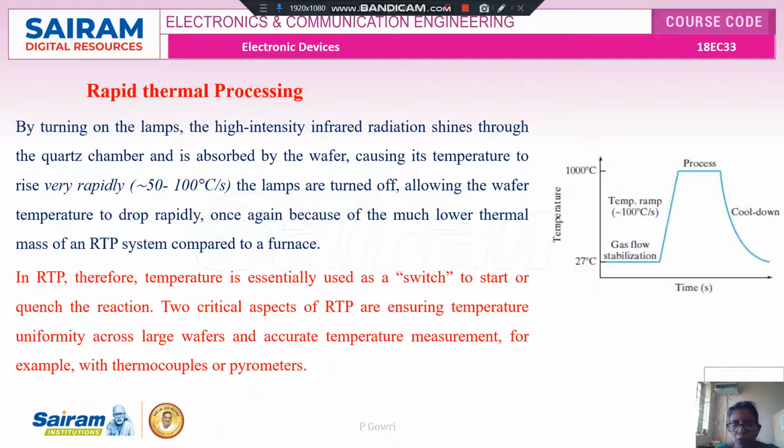Here the increase in temperature will be around 50 to 100 degrees Celsius per second, and when the lamps are turned off, the wafer drops in temperature rapidly because of the low thermal mass of the RTP system. When compared to a furnace, the switching time of the temperature is very short. So therefore, in RTP, temperature is essentially used to switch or to quench the reaction.